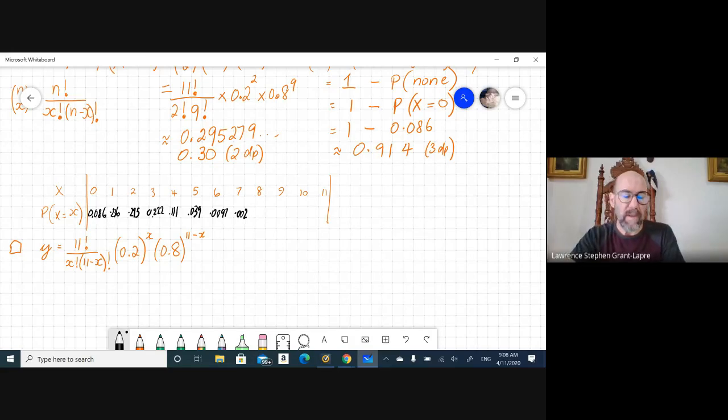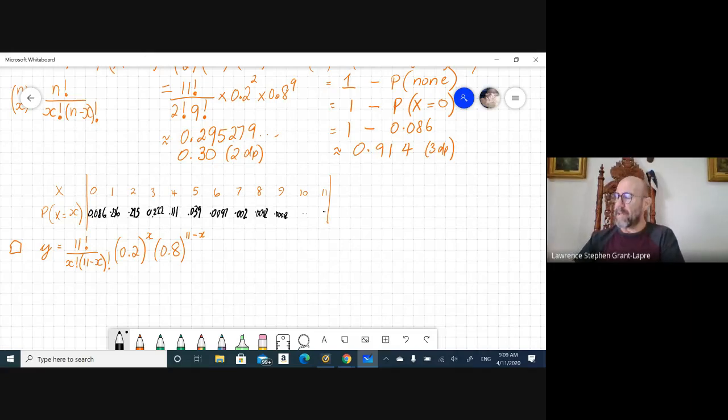For 8, it's 0.0002. And we're getting into about 1 in 10,000 here, 0.00002. Okay, you can see we're getting very small.